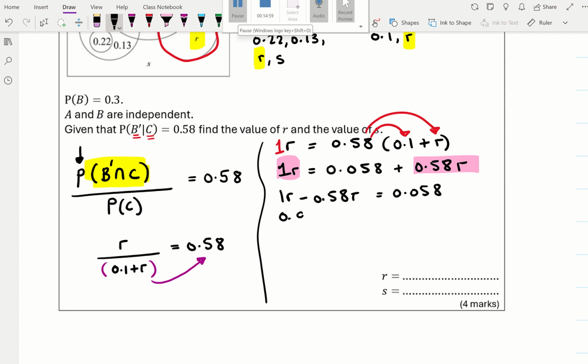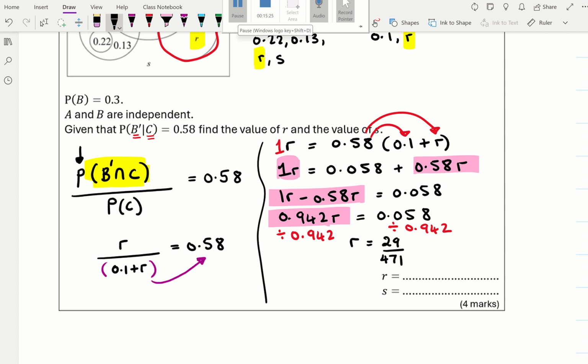So 0.942R equals 0.058. This is that. And then I'm going to divide by 0.942 on both sides. And I get the value of R. R equals 29 over 471. And you don't round.